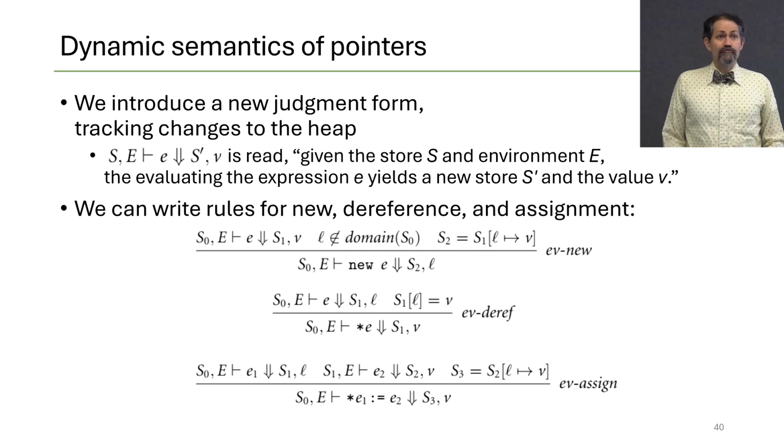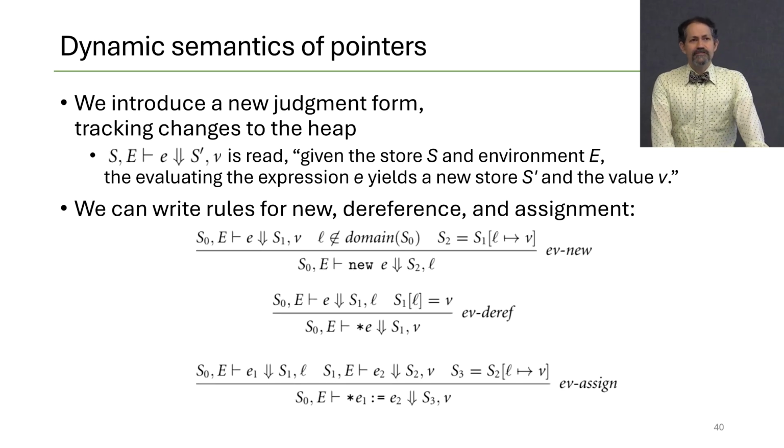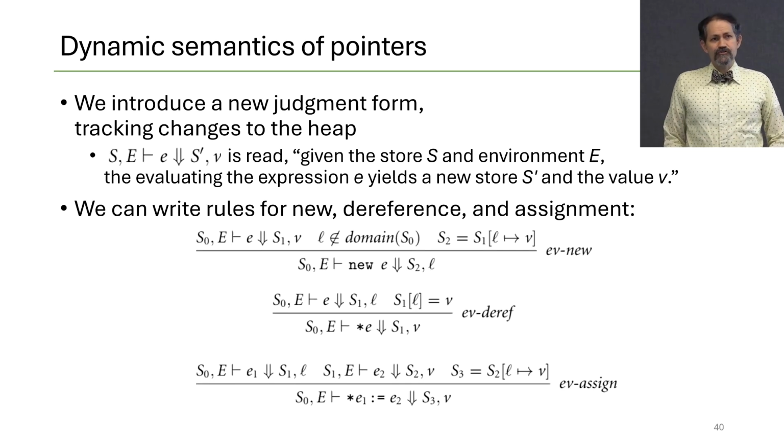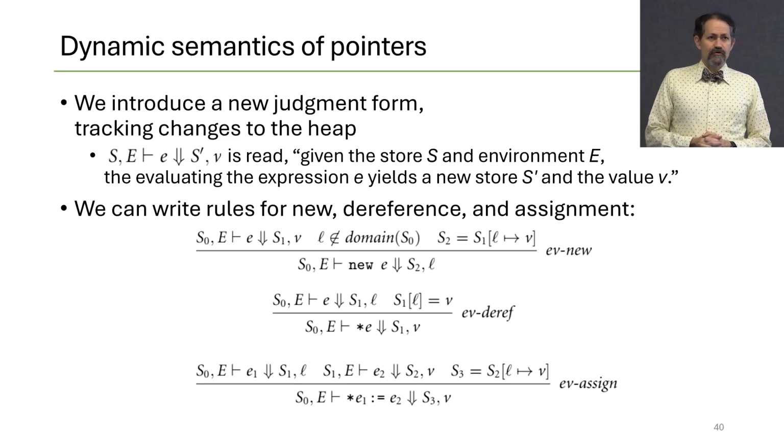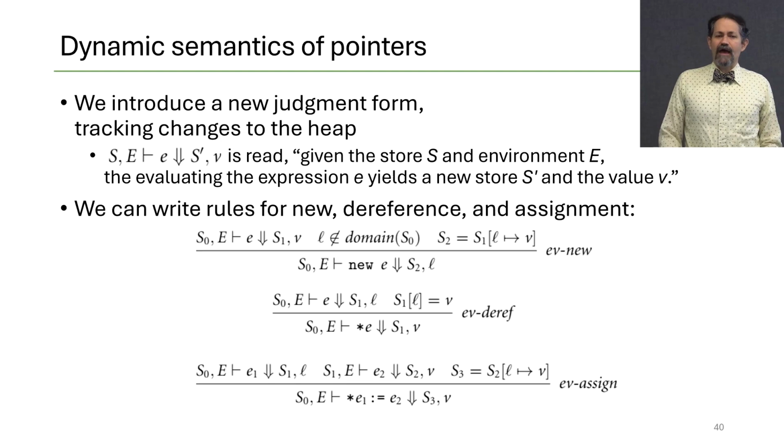Let's look at the rule for new. When we evaluate an expression new e, we're first going to evaluate e because that's going to be the initial value for this storage location. We evaluate e, we get a new store, S1, and value v. We're going to choose some new location that has not been allocated yet in the store. So the store, think of it as a finite mapping. It only contains the locations we've allocated so far.